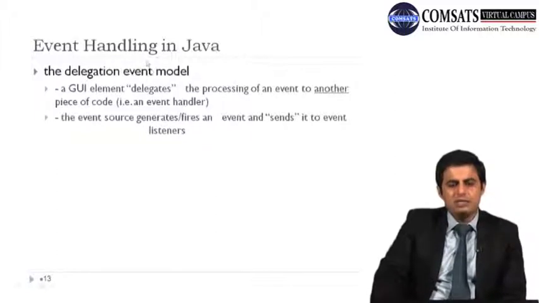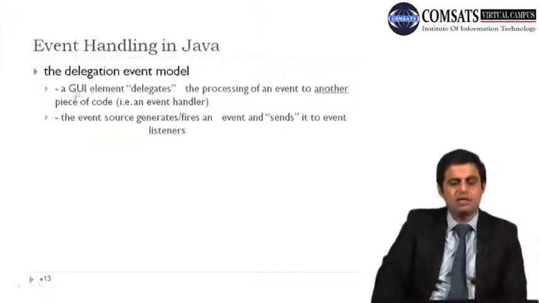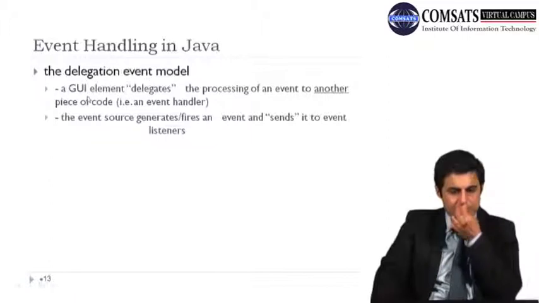Event handling in Java, the delegation event model: a GUI element delegates the processing of an event to another piece of code, the event handler. The code of the GUI element is written and automatically inserted behind a component.